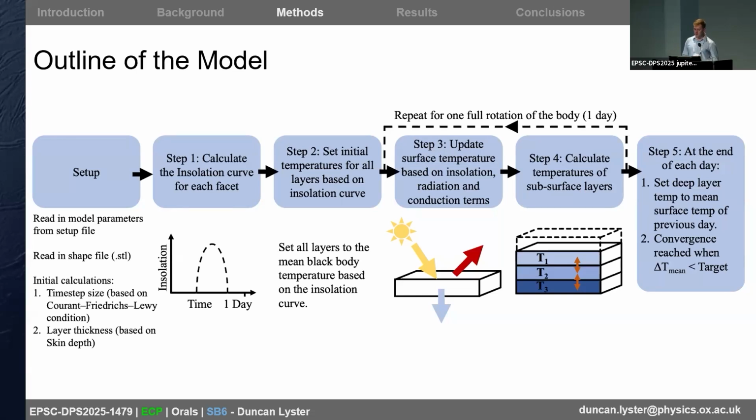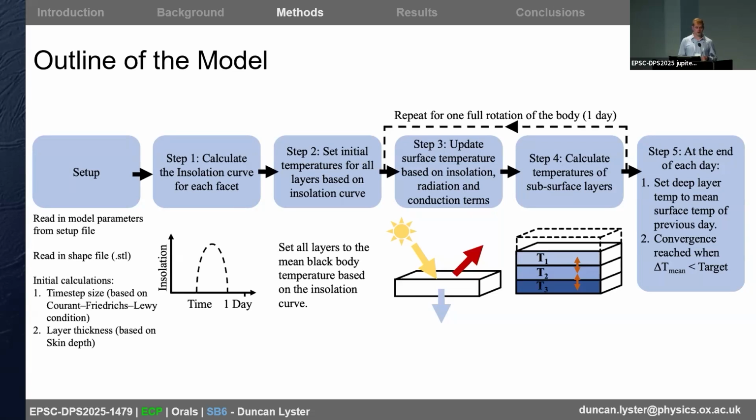Then in terms of steps 3 and 4, that's basically the 1D thermal model. It's based on John Spencer's thermprojrs and rewritten in Python to work with the Tempest code. Another thing to point out here is that the 1D solver is modular.